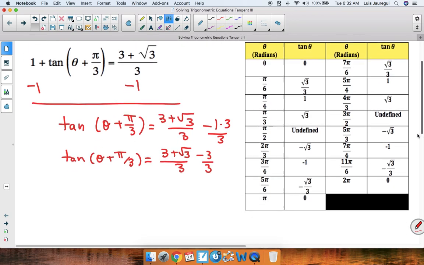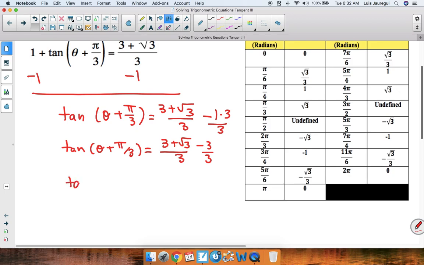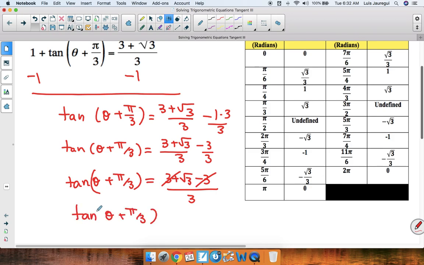Now, once again, rewriting this equation, we get that tangent of theta plus pi over 3 is equal to (3 plus the square root of 3 minus 3) all over 3. And notice that this 3 and negative 3 cancel out, so we get that tangent of theta plus pi over 3 is equal to the square root of 3 over 3.